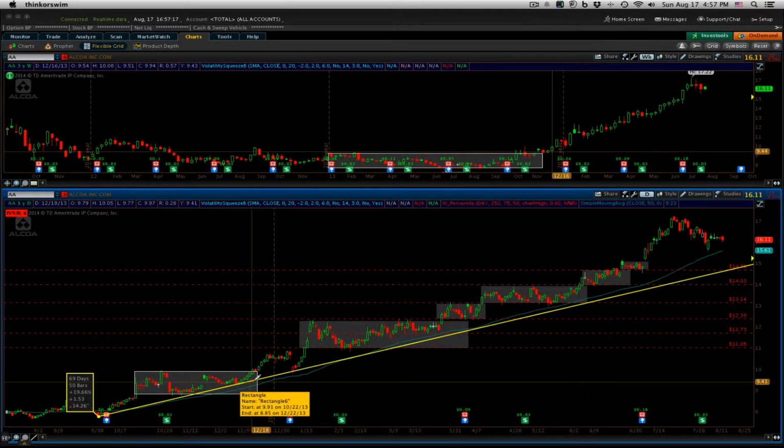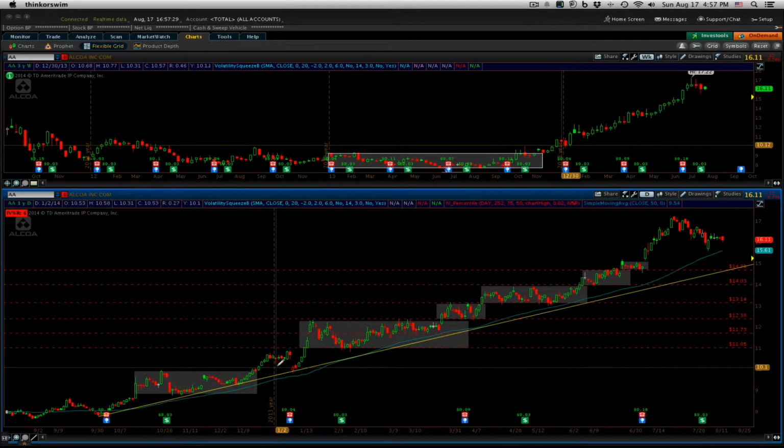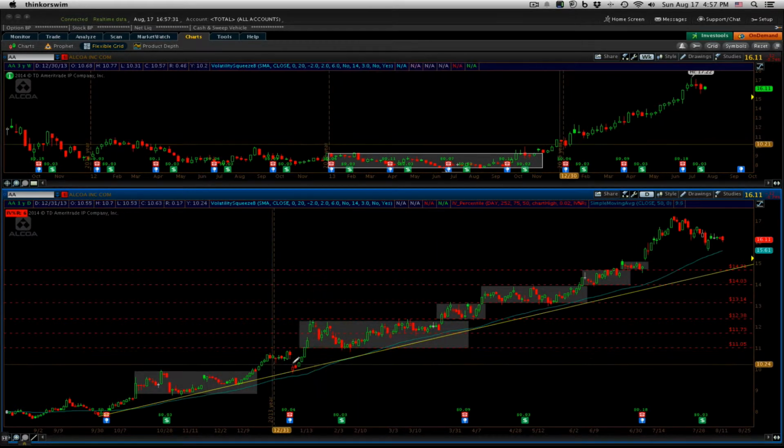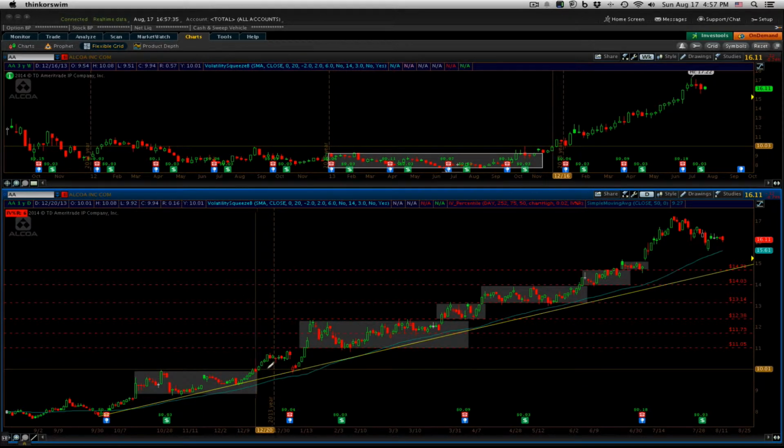So I wanted to look for a point where I could buy stock that would appreciate in value for however long I owned it. So what I decided to do, and again, I don't think I got in here. I think it was more over here, but I'm using this box for illustration purposes.